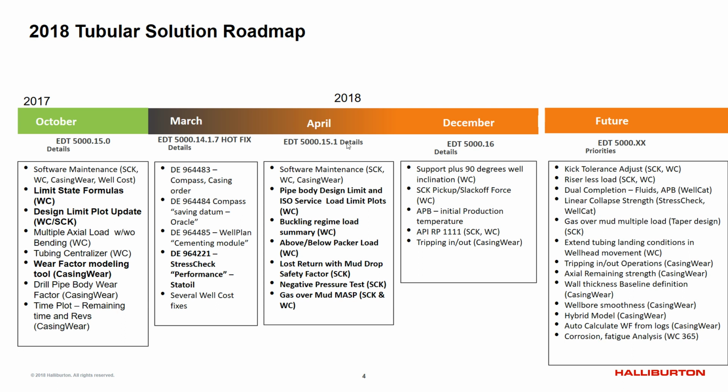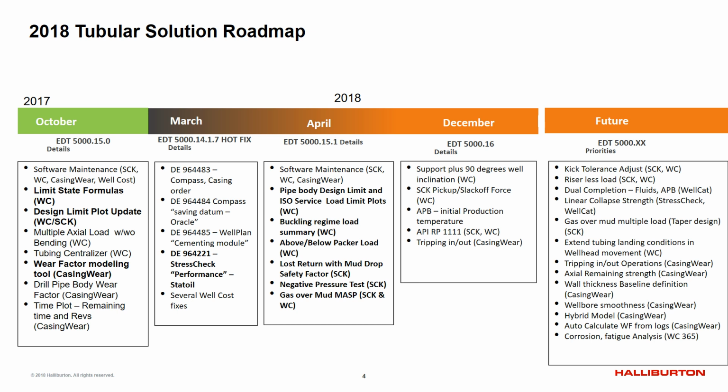In March of this year, 2018, we addressed a performance issue in StressCheck as part of the hotfix EDT 5014.1.7. Now, in April 2018, we are adding additional new features to both Wellcat and StressCheck, as you can see.